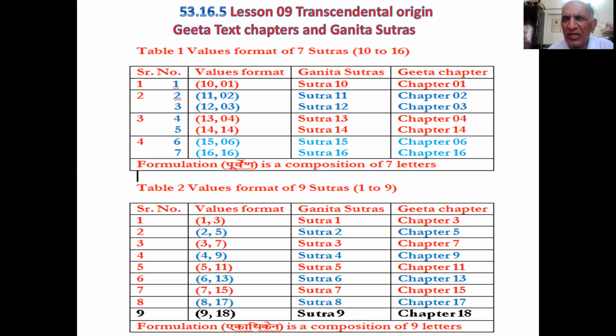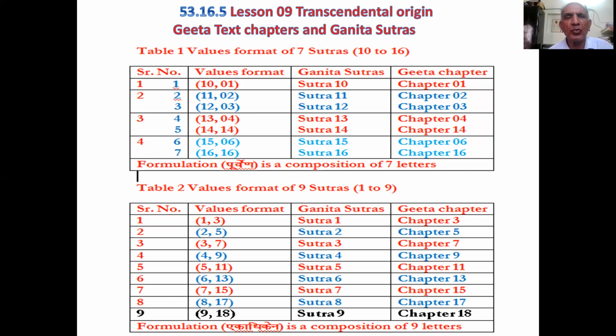So this correlation of 16 Ganita Sutras with 18 disciplines of yoga of Srimad Bhagavad Gita is of two parts. The first part is of 7 steps parallel with 7 letters of the text of formulation Purve, and the second part is of 9 steps parallel with the 9 letters of the second part of the text of the first Ganita Sutra, namely Ekadhikain.